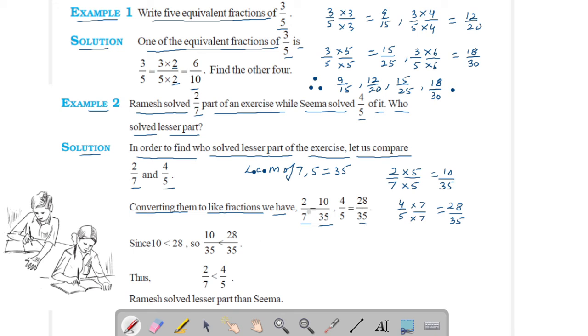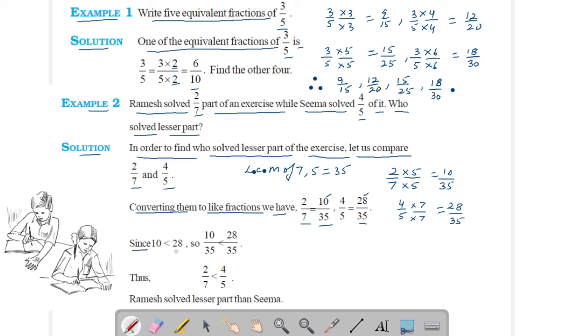Okay, here these two are like terms because their denominators are the same. Now you can compare these two fractions. If the denominators of both the fractions are the same, we can compare only the numerators. Here the numerator is 10 and here it is 28.